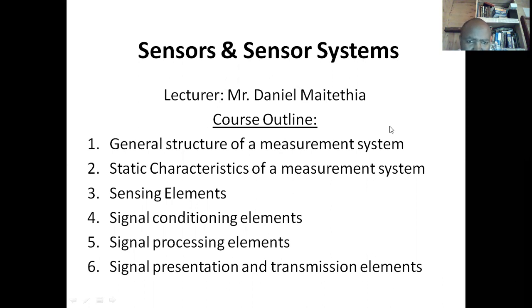And by the end of this course, the expectation is that you should be very knowledgeable and should have acquired adequate skills to design a sensor system.